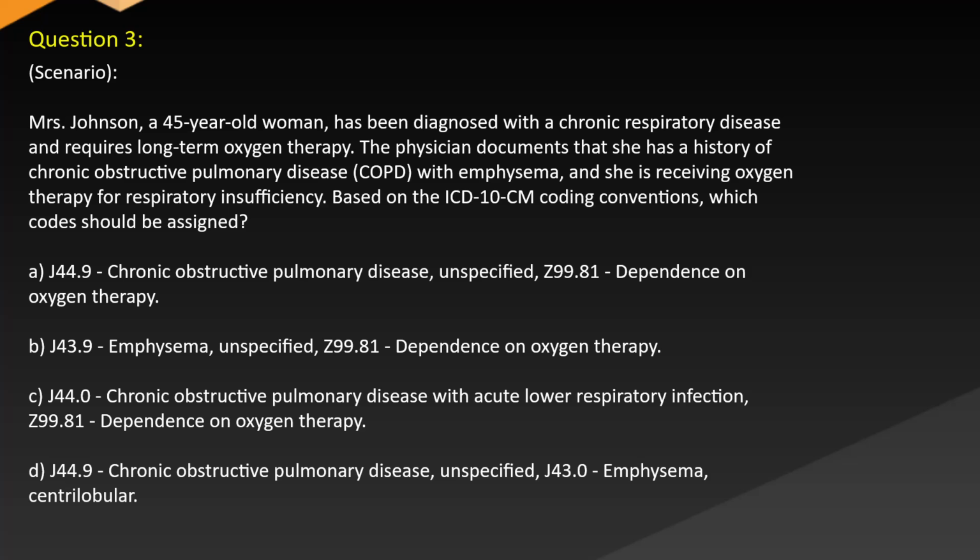A. J44.9. Chronic obstructive pulmonary disease unspecified, and Z99.81. Dependence on oxygen therapy. B. J43.9. Emphysema unspecified, and Z99.81. Dependence on oxygen therapy. C. J44.0. Chronic obstructive pulmonary disease with acute lower respiratory infection, and Z99.81.